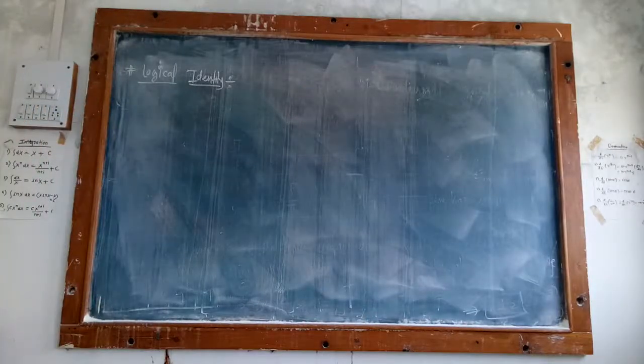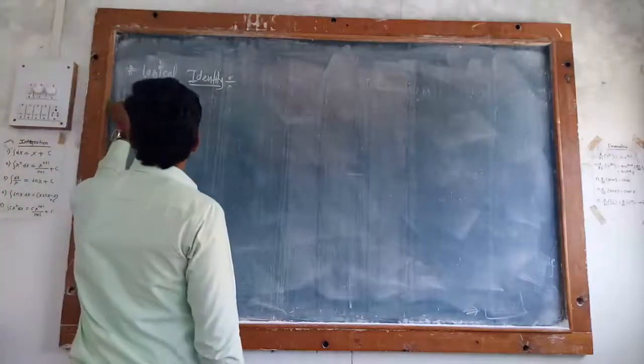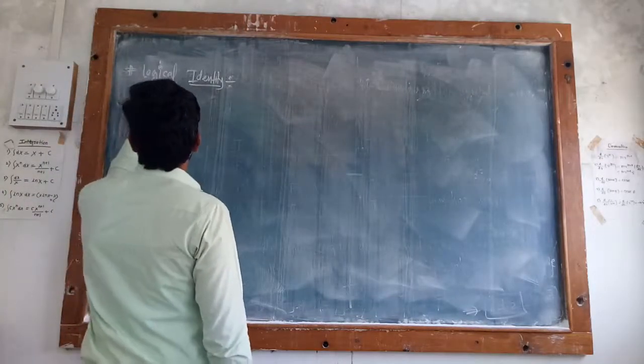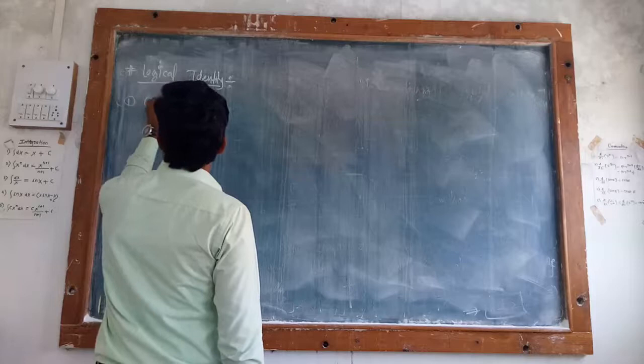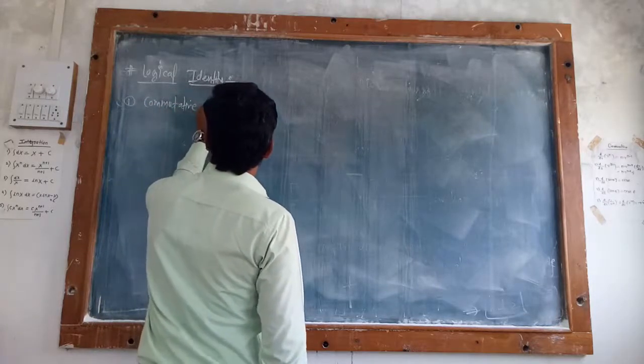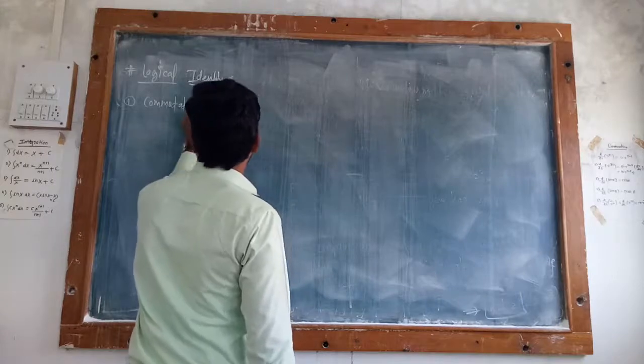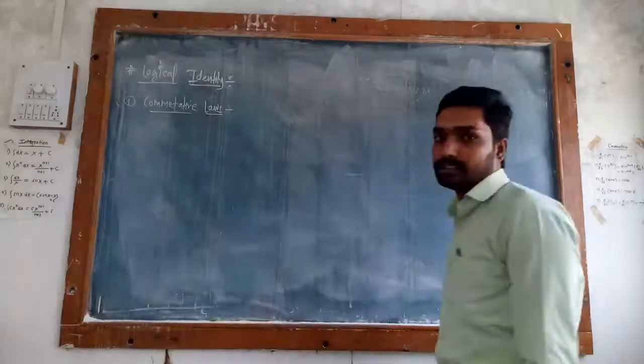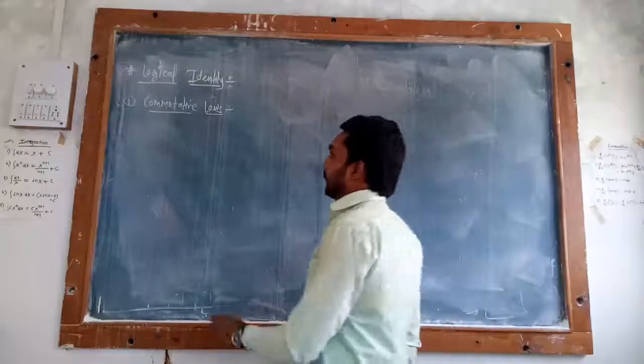The first identity is the commutative law. What is the identity?